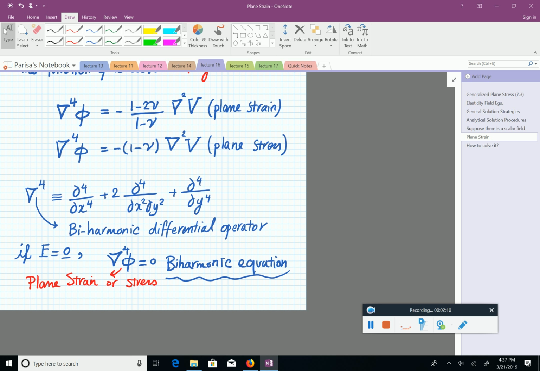If V is 0, if you don't have any body force, would the formulation for plane strain be different from plane stress? No, because for both of them the right-hand side will be 0. So the equation is the same no matter if you have a plane stress or plane strain formulation.